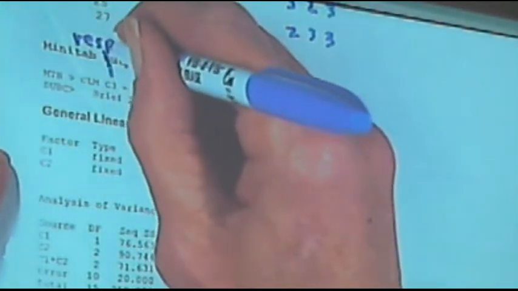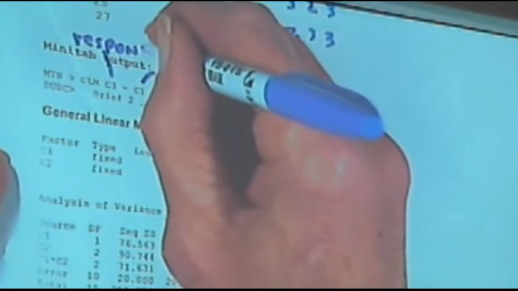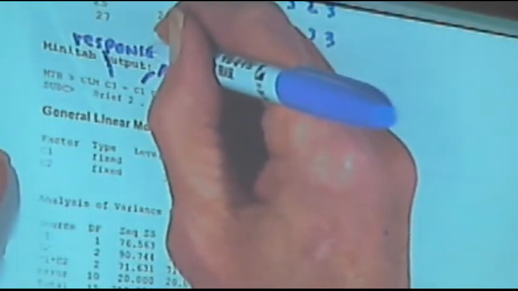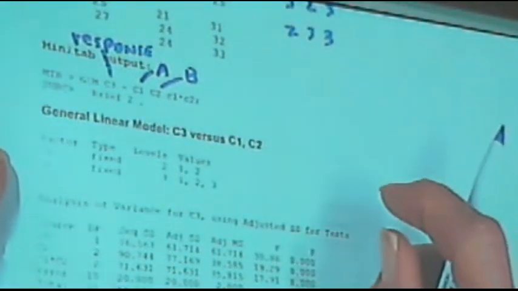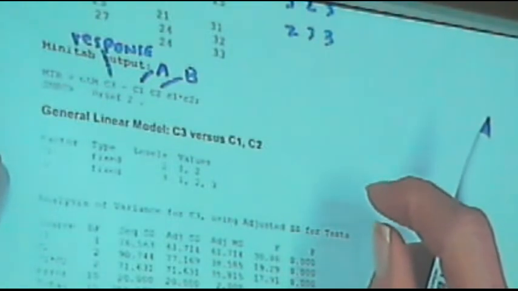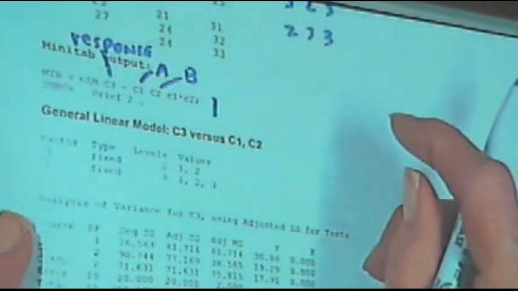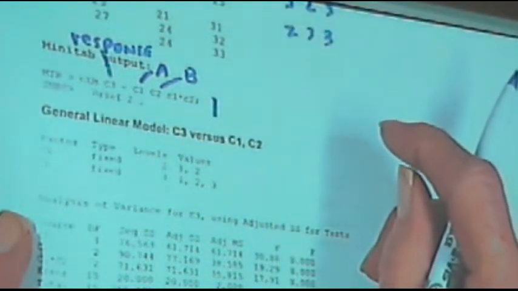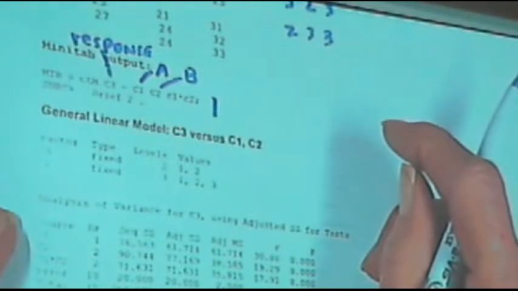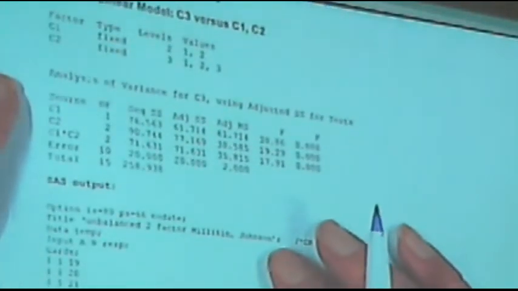Whatever it is, I don't remember the context of this data. All right. So notice the Minitab command that I've used here, actually just one line. It's very simple to use. So this is unbalanced data. I'm using GLM in Minitab, and it turns out to be basically a piece of cake.